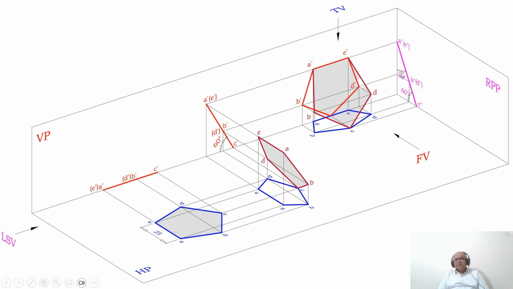But of course, here he has given the surface inclination with respect to both HP and VP. Please remember this: whenever the surface inclination is given with respect to both HP and VP, obviously you must draw the side view, because only in the side view will you be able to see both inclinations, since that surface is perpendicular to the profile plane.